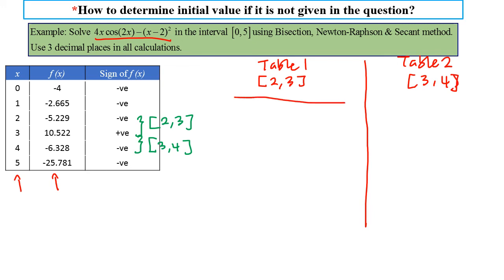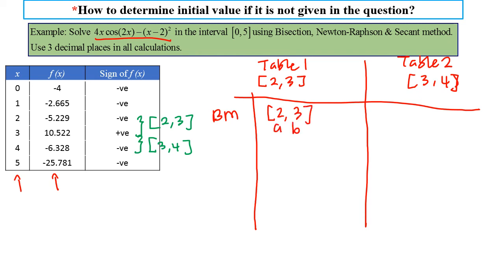For the bisection method, of course, this is very easy. The initial values come straight away from 2, 3. So this is a, this is b. Similarly for this one, 3, 4.